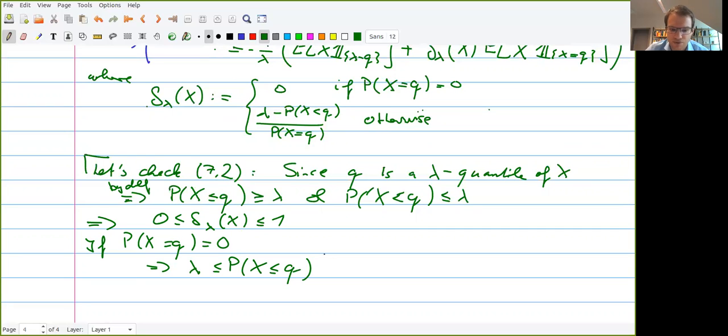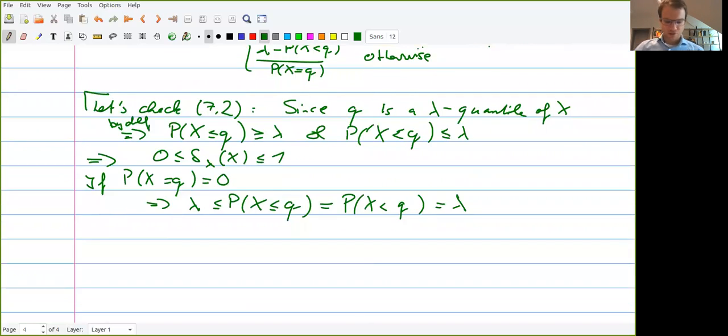This is the definition of a quantile. And this is then equal to the probability of X being less than q, and this is then, again by the definition of a quantile, equal to lambda. I mean, if there is no mass at the quantile q, then the quantile q is uniquely determined.